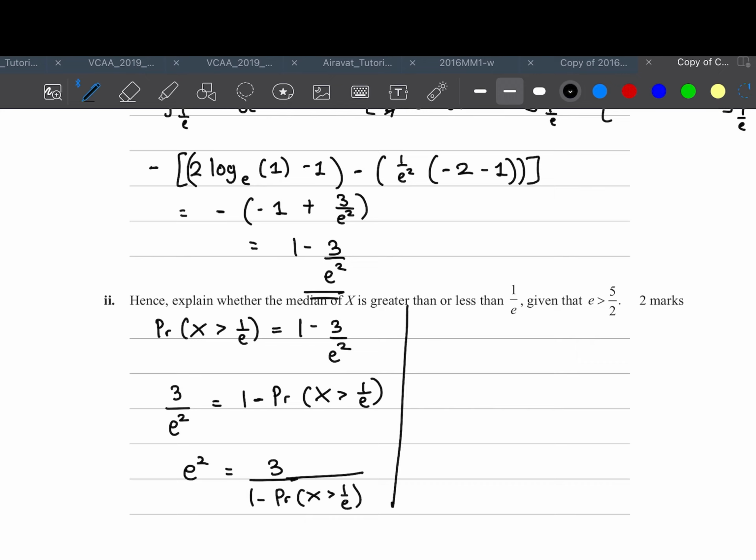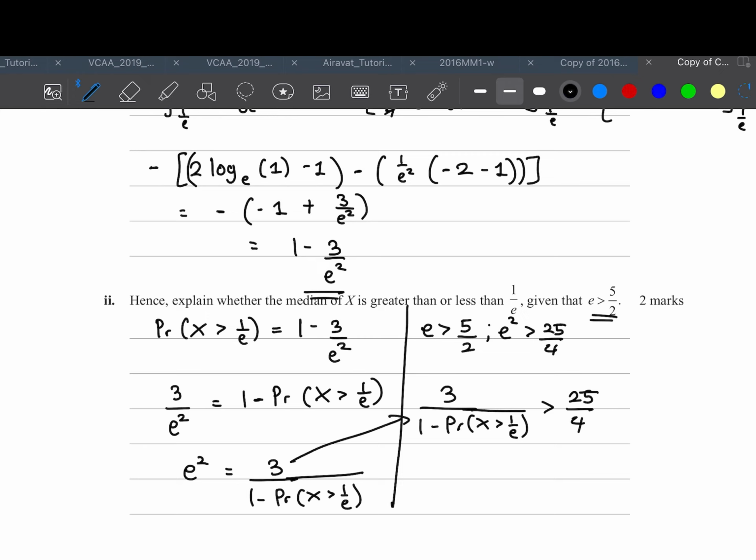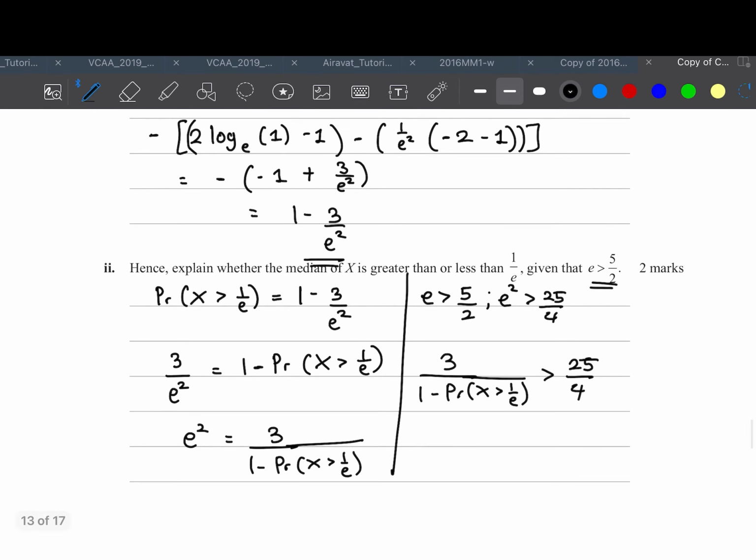Now, as given in the question, e is greater than 5 on 2, meaning e squared is going to be greater than 25 on 4, right? So that means that 3 on 1 minus the probability of x greater than 1 on e is going to be greater than 25 on 4. What I did here was I just used e squared as this over here, because e squared and this entire function are equal, so I just used that.